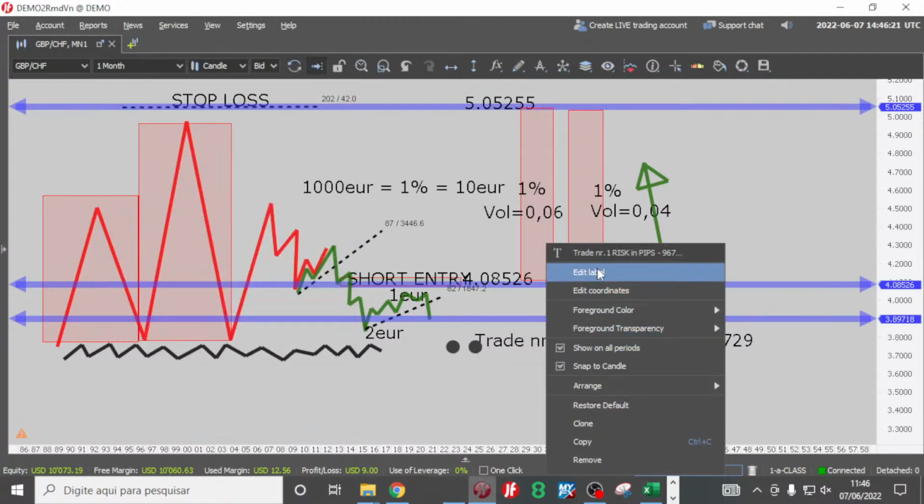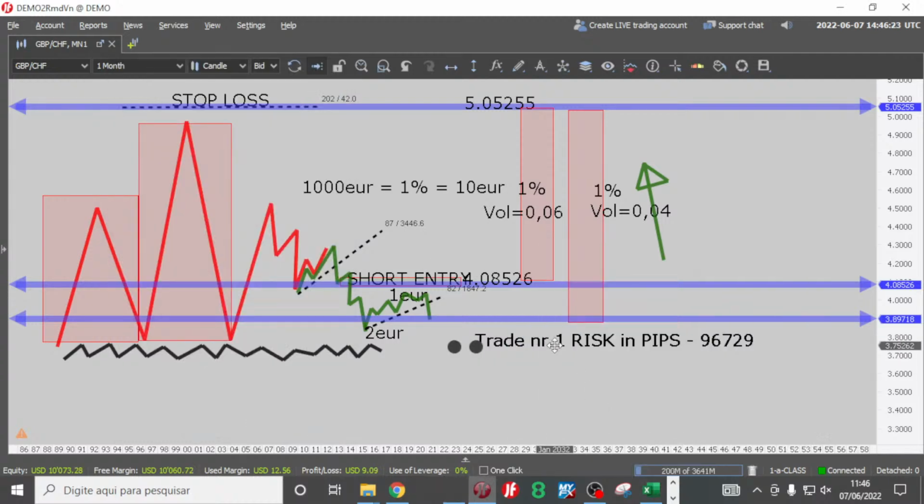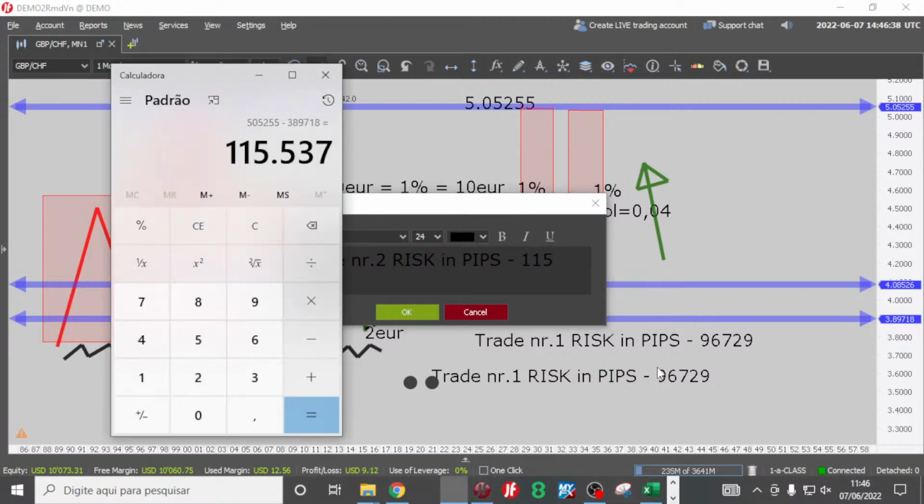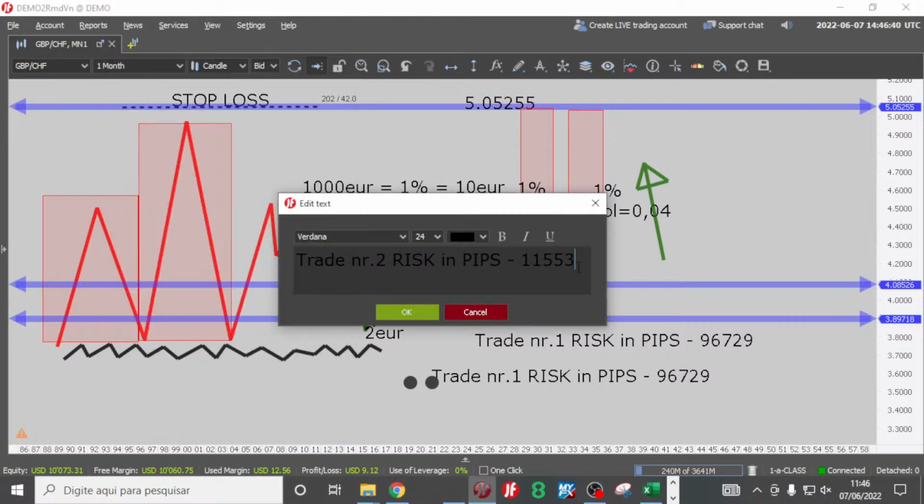So clone the second trade, trade number two, we are risking 115,537.